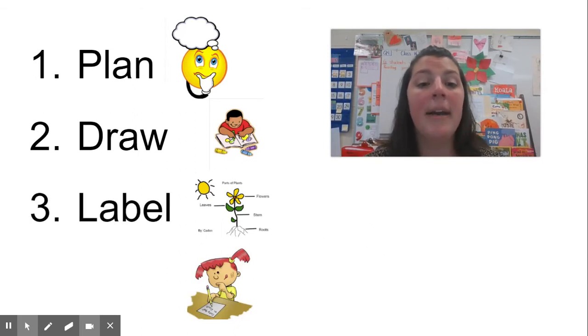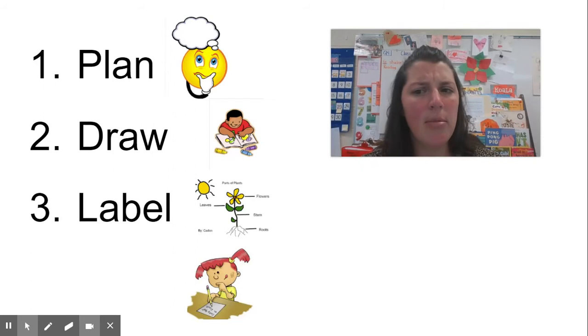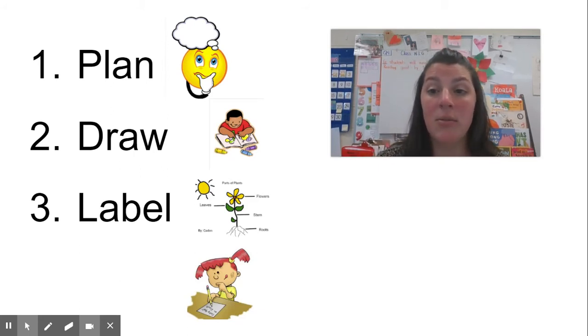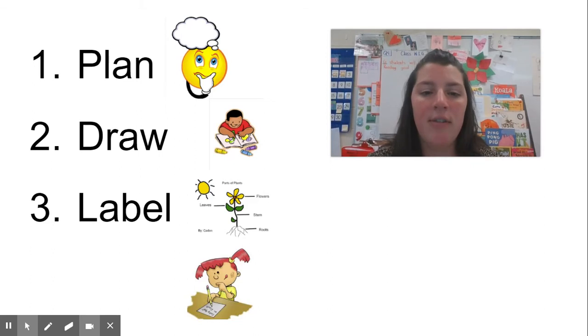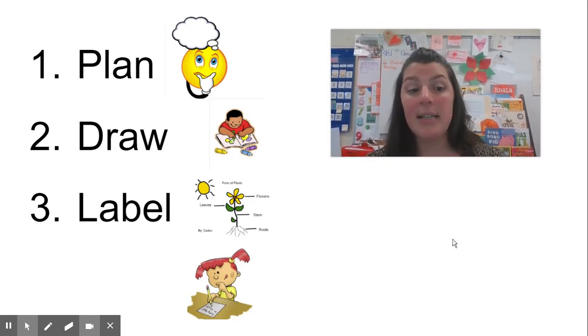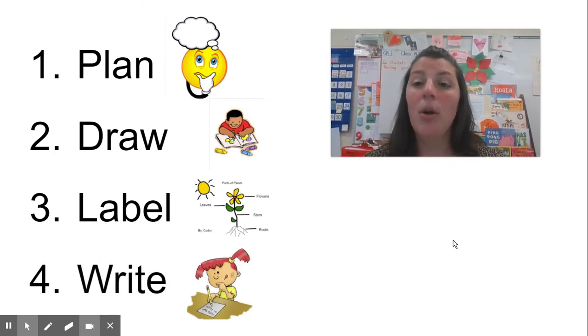Then we add labels. Do you remember what labels are? The important words in our plan, in our picture, words that we're probably going to need to write later. And if you look in this one, you can see they write it by parts of the picture. And then the last step we talked about is to write, where you add the words and sentences to go along with your sketches.